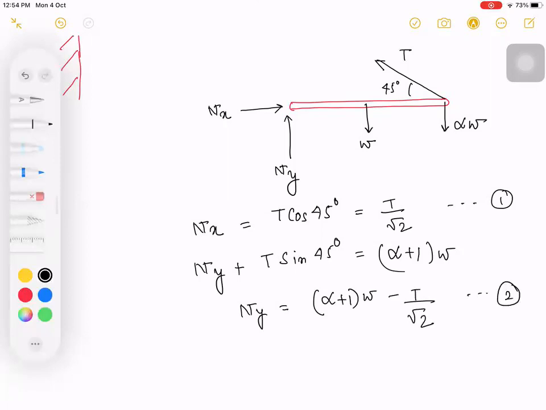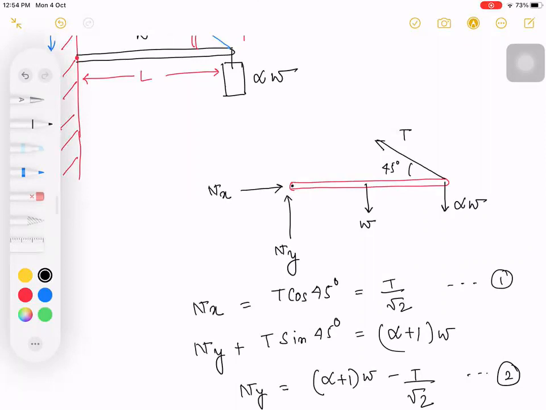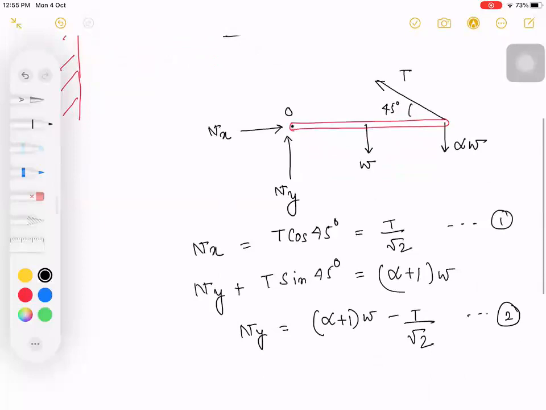We have drawn the free body diagram. Let's find out the moment equation. For the moment equation, we would be taking this point O as my axis. So about O, Nx and Ny don't have any moment. W has a moment in the clockwise sense.